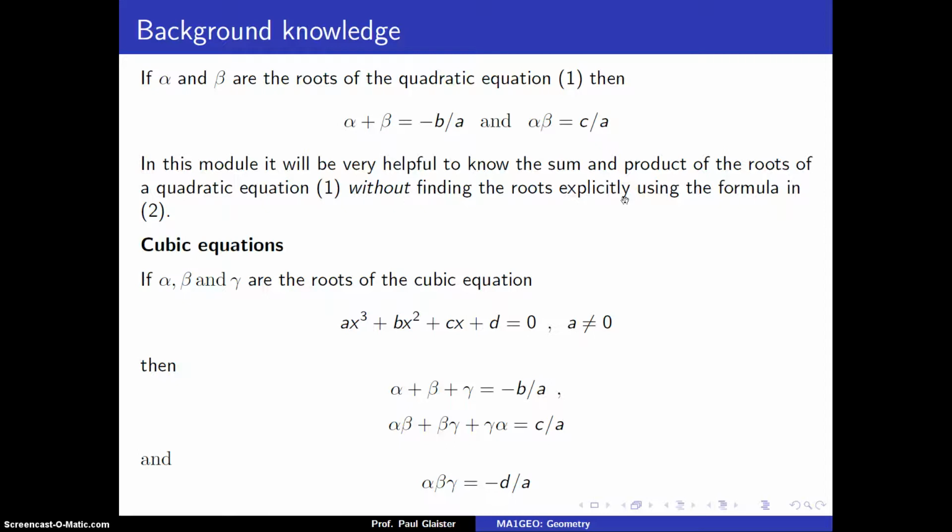But beyond that, we will also see examples where a cubic equation appears. So this equation here shows us a cubic with a non-zero coefficient a.